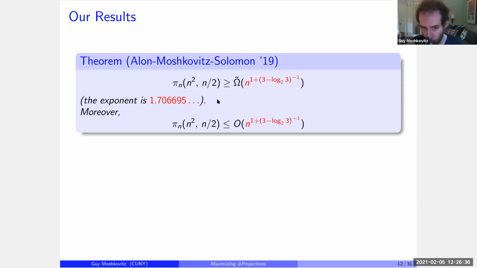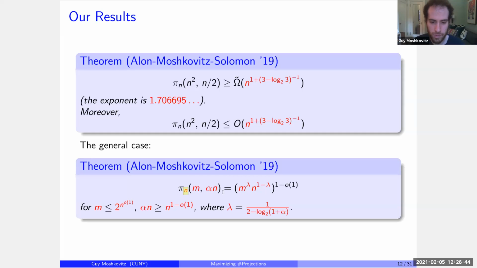Or rather, this is our main result for this particular choice of parameters. This is truly our main result, the general case. Here are the lower and upper bounds that we prove in one equation.